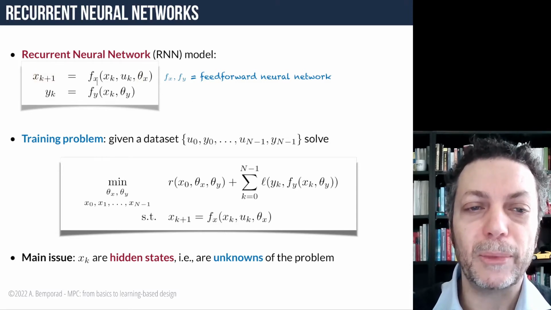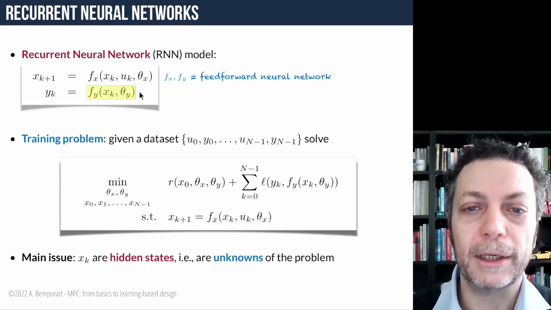So let's consider this model where the state equation is a feed-forward neural network which takes xk, uk as an input and is parameterized by a certain set theta x of weights. And the output equation is also another feed-forward neural network with some other parameters, theta y.